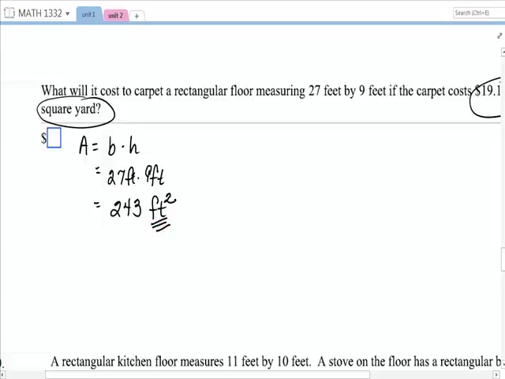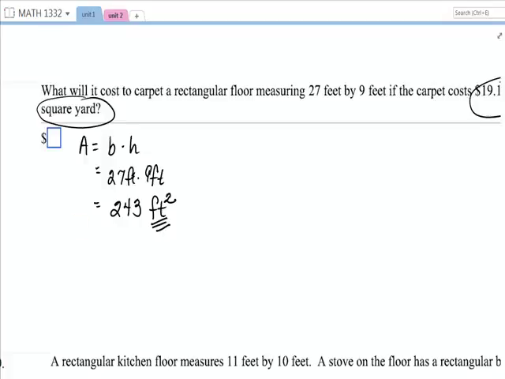They told me the price per square yard. Yesterday, did we convert units of area? Look back at your handout from yesterday. It says square units of measure, and on here it says 1 square yard equals 9 square feet. Can we do dimensional analysis?